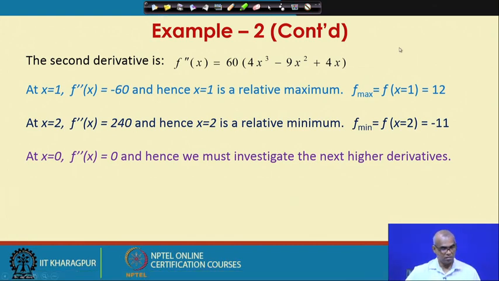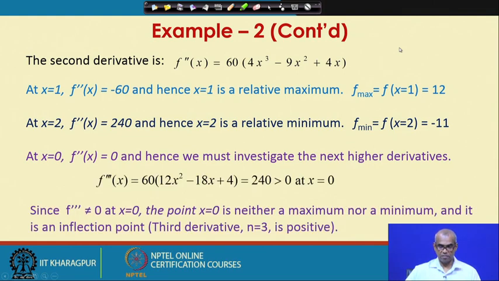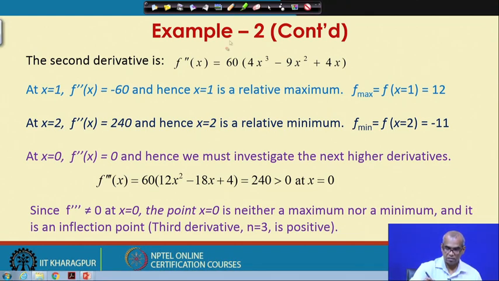So, let us take third order derivative. So, if I take third order derivative and evaluate the value at x equal to 0, I get (60 into 4) is 240, which is greater than 0.